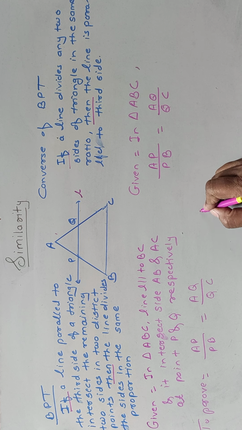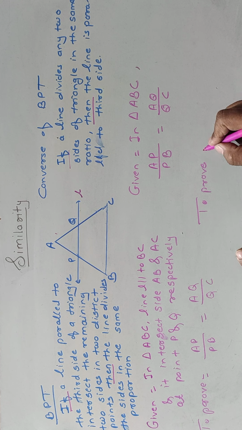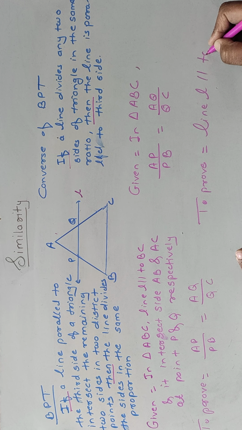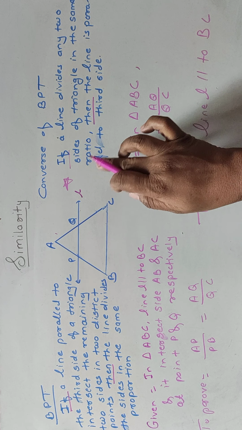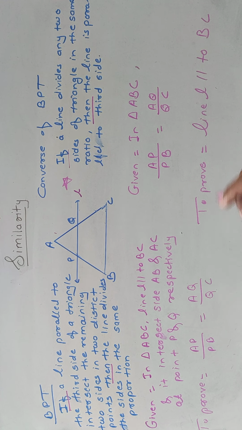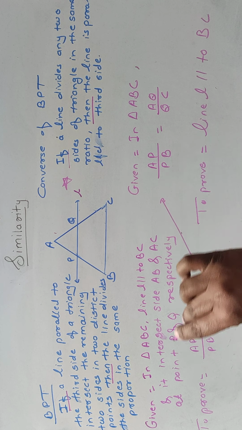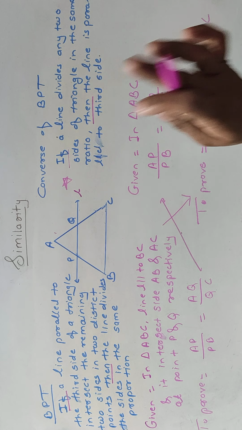And what we have to prove is that line L is parallel to BC. This statement is very important at the time of solving examples. The given of this statement becomes the to-prove of its converse, and the to-prove becomes the given for the converse.